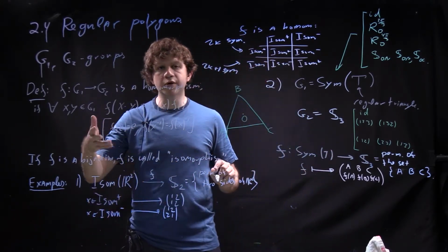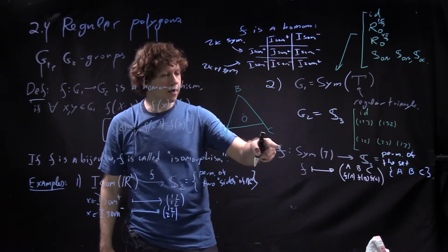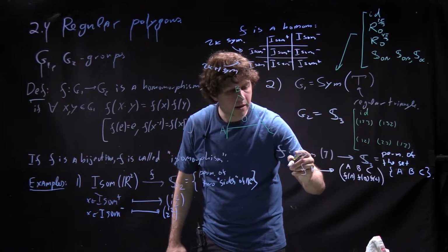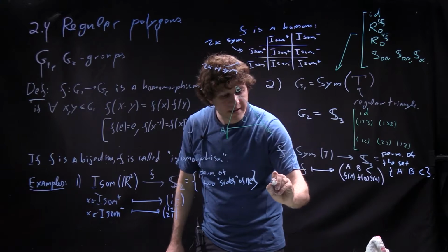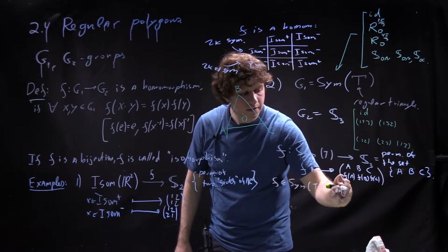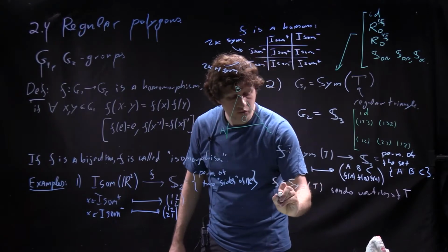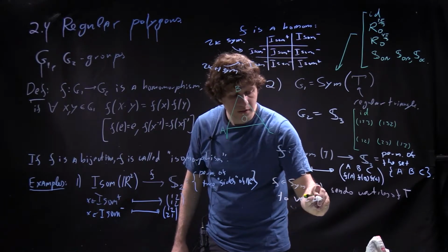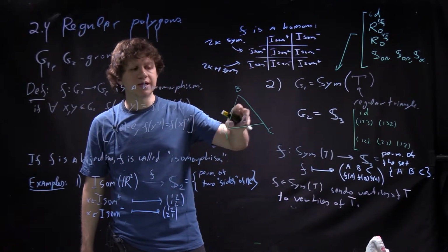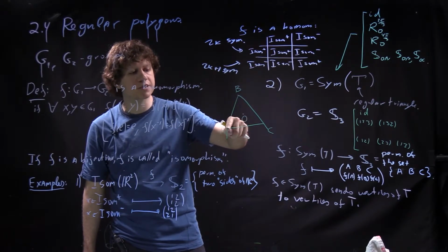I will formulate in general for an arbitrary regular polygon a similar fact in a moment, but what I'm using here is that an isometry F inside Sym(T) sends vertices of T to vertices of T. A priori it's not obvious, but it's really easy to see that a permutation which sends a triangle to itself has to send vertices to vertices.